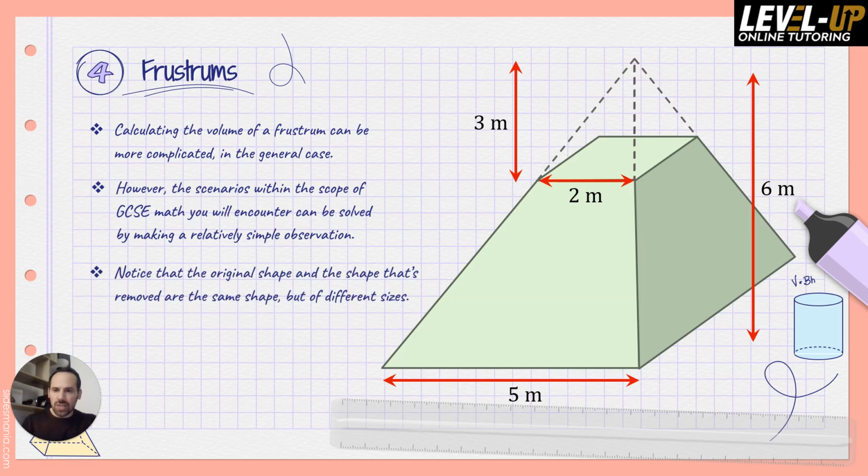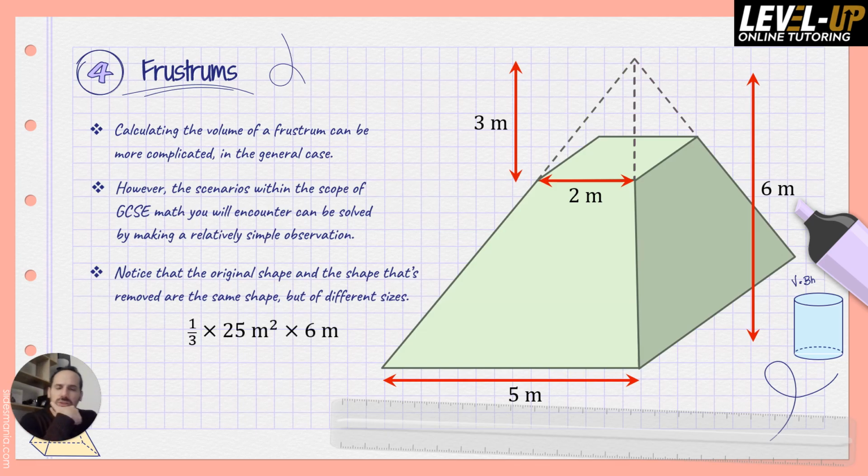Then notice that the original shape that's removed is the same shape but just a different size, like a smaller version of the bigger pyramid. So we can calculate the volume of those two pyramids. We've got the big pyramid, including the bit on top that's been taken away, and then we've got the little bit on top, which is a small pyramid.